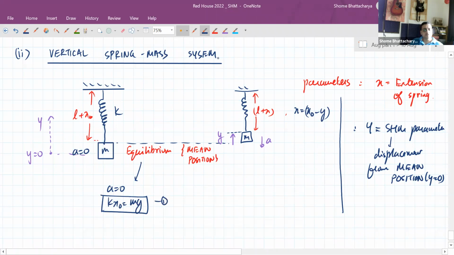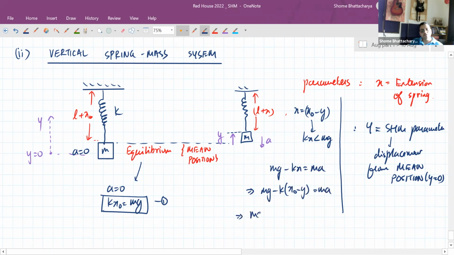Here, what is happening? kx will become less than mg because x is less than x naught. So it has a downward acceleration. So we have mg minus kx is equal to ma. So mg minus k into (x naught minus y) is equal to ma.